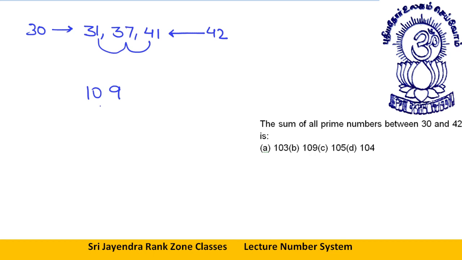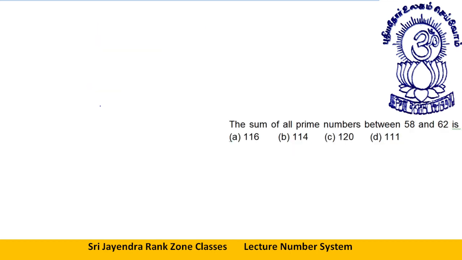The next question we have is, sum of all the prime numbers between 58 and 62. Let's say all the numbers greater than 58 which are prime. 59, then we have 61.